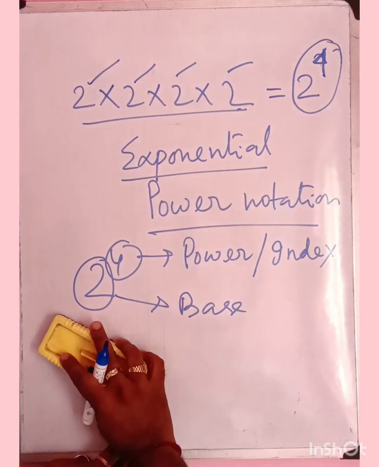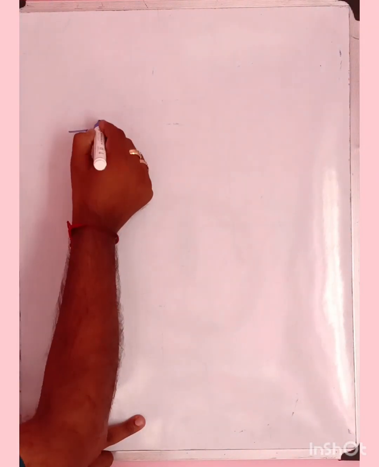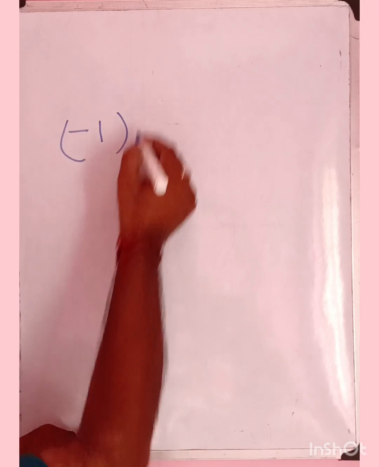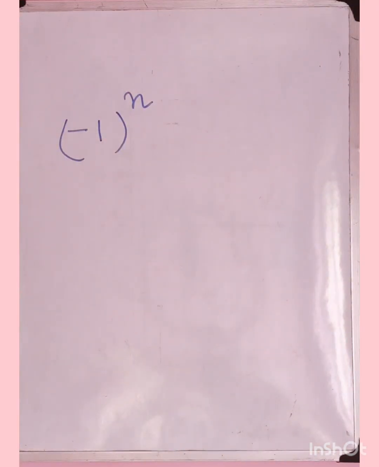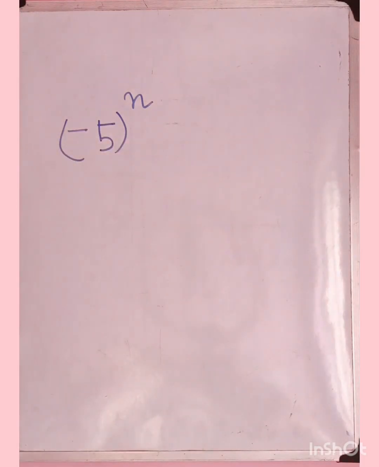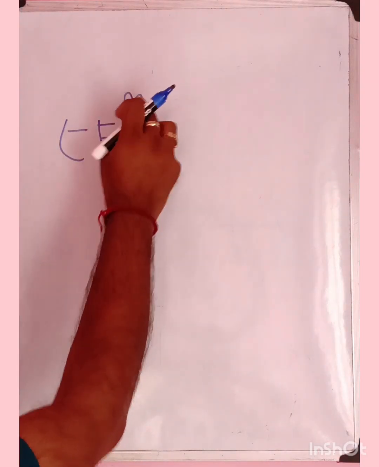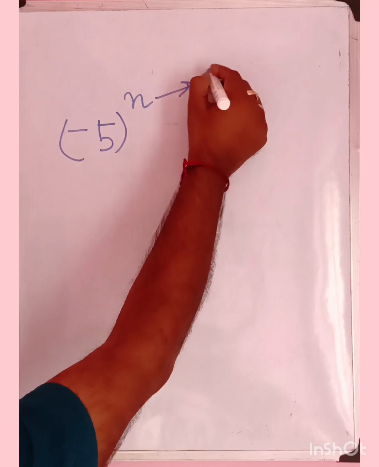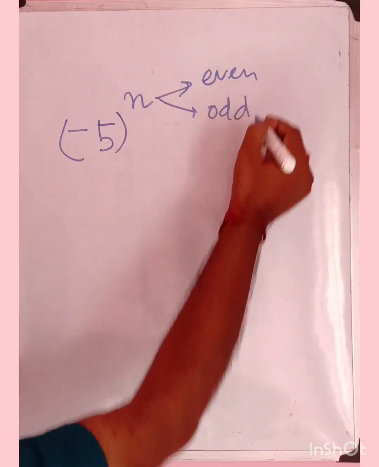Now, if we use this term for a negative number, say minus 1 to the power n, or say minus 5 to the power n, whatever it be, a negative number with exponent n, it can be even, it can be odd, isn't it?